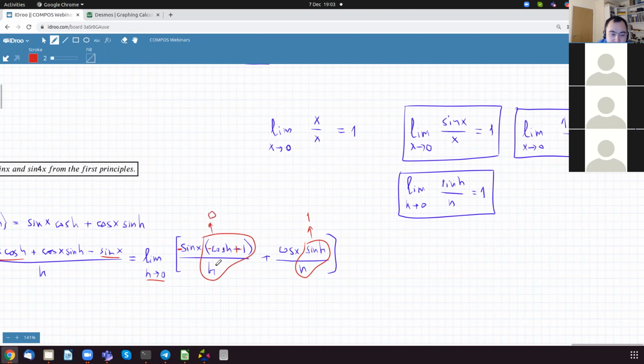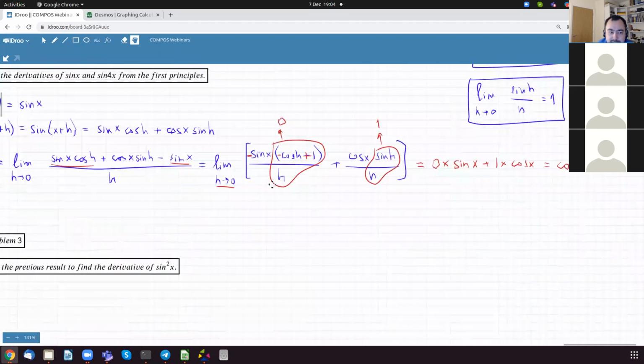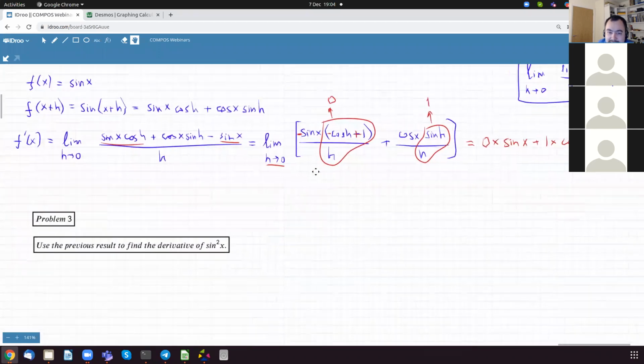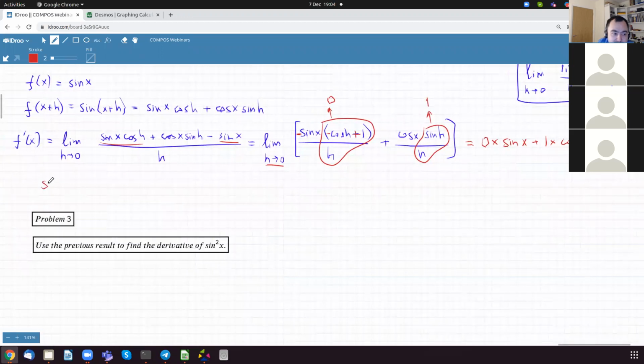So this is 0 times sine x plus 1 times cos x. And the answer, of course, is cos x. So that's a very important result. Effectively, what we are saying is that the derivative of sine x is cos x.